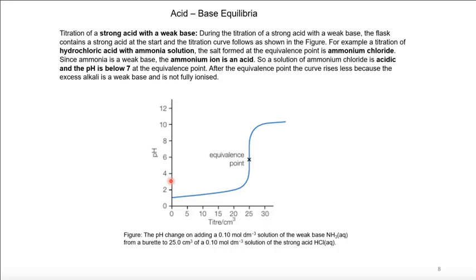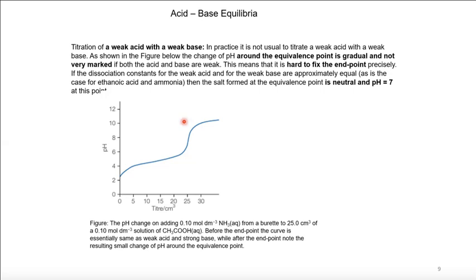So our aim is to remember what we are doing, what sort of acid we have taken, what sort of base we have taken, and what sort of indicator we are using to get the pH curve of this titration. Okay? This is both a weak acid and weak base.